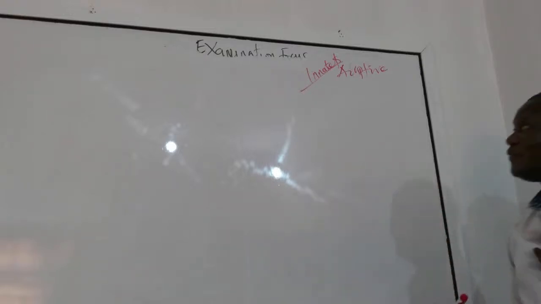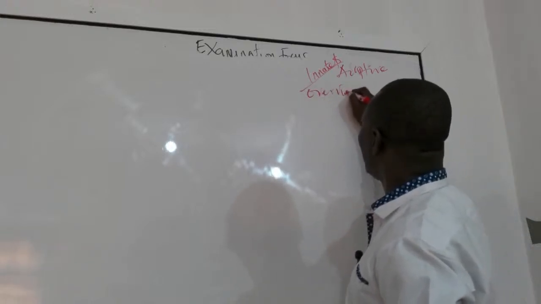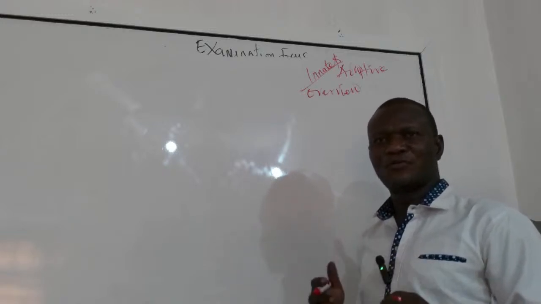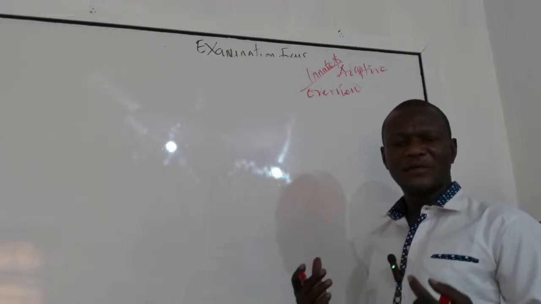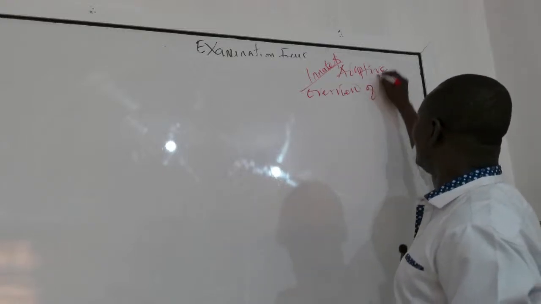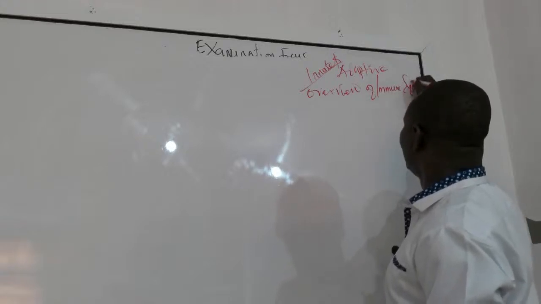That is the overview. Here we are expecting you to give us everything you know, and make sure that you bring out very important, cogent points in the overview of the immune system.